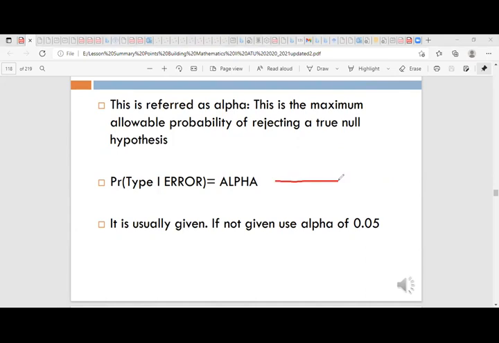When we talk about significance level, in every test we always have the confidence, the region of acceptance. Please listen carefully. So this is the region of acceptance.